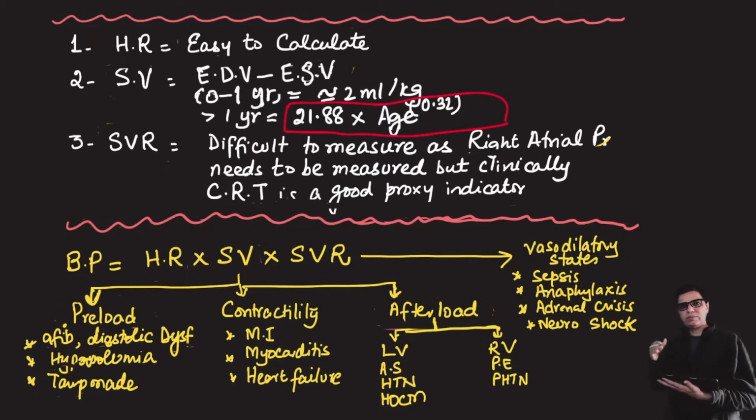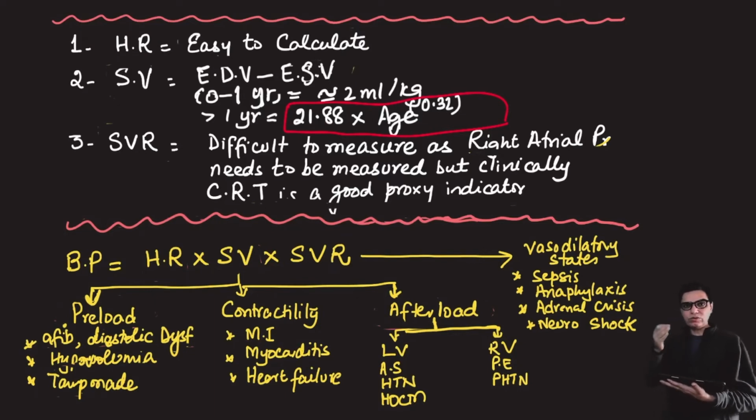But if the hands and feet, both sides, are cold and mottled, and the environment is not accounting for that, then you have to think that the systemic vascular resistance has decreased. That way you can determine the heart rate, the stroke volume, and the systemic vascular resistance. And if they are decreased, then you know which area of this equation is being affected.